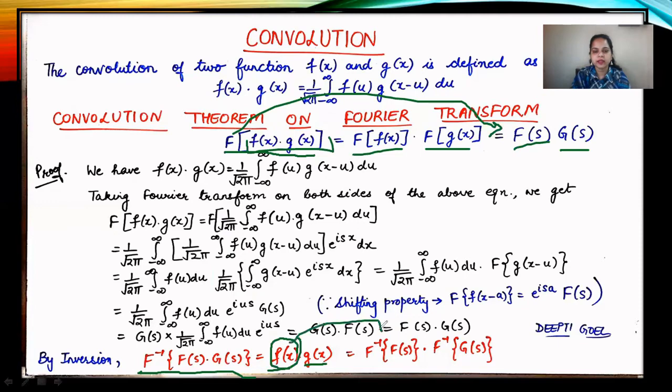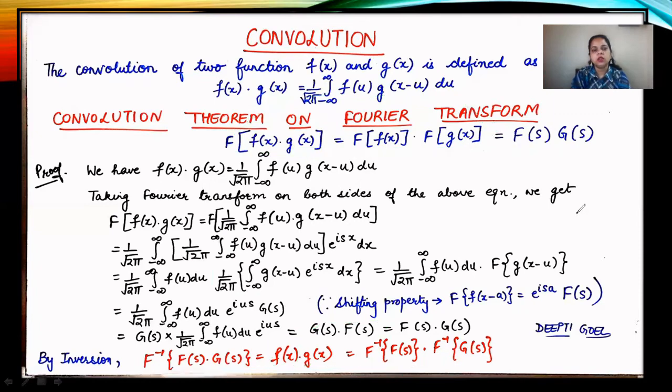So it can be written as F inverse of f of s, and g(x) can be written as F inverse of g of s. So this is the convolution theorem, and I hope that you have understood the proof and the statement of the convolution theorem.